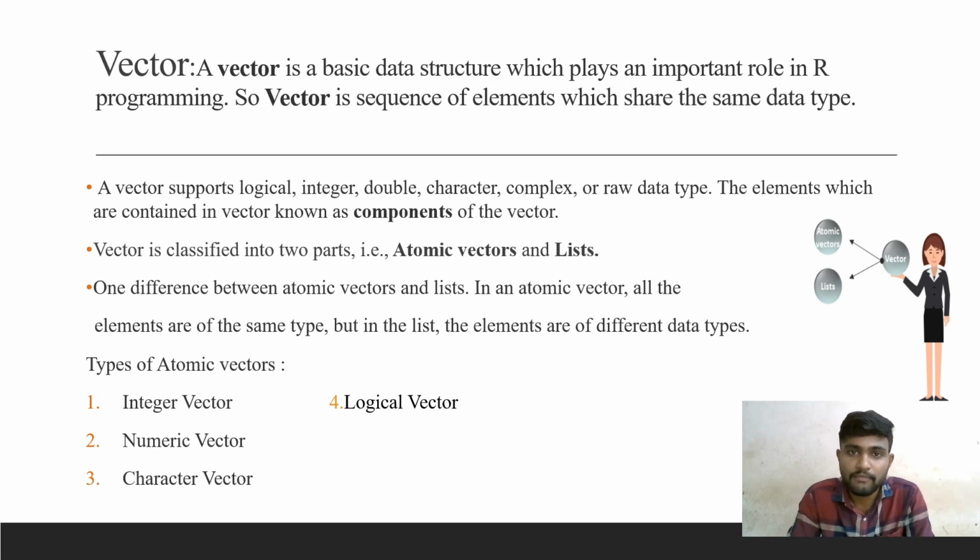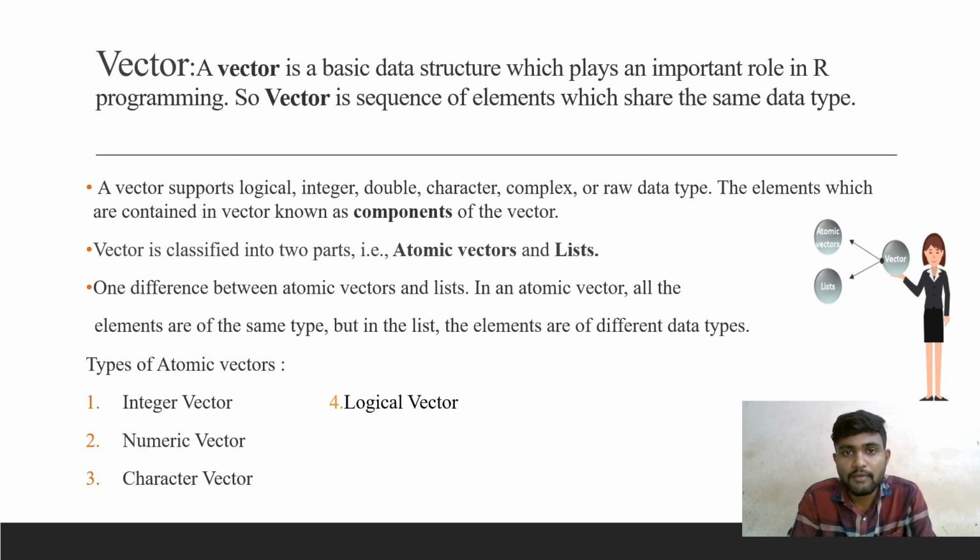As we see, vectors are classified into two parts, that is atomic vectors and lists. The main difference between atomic vectors and lists is that in atomic vectors the elements must be of the same type, whereas in lists the elements can be of any type. Types of atomic vectors: integer vector, numeric vector, character vector, logical vector.